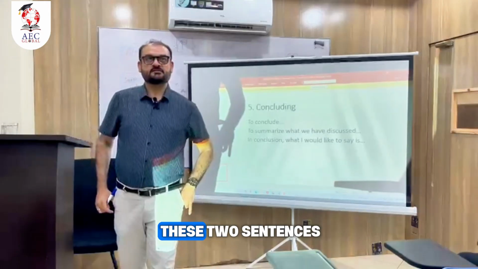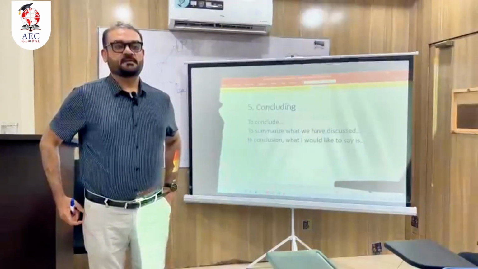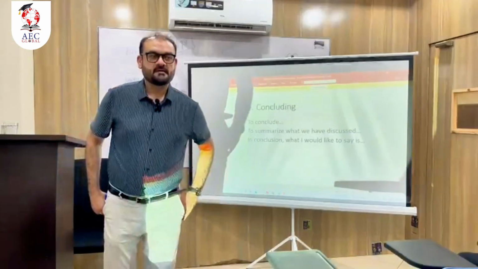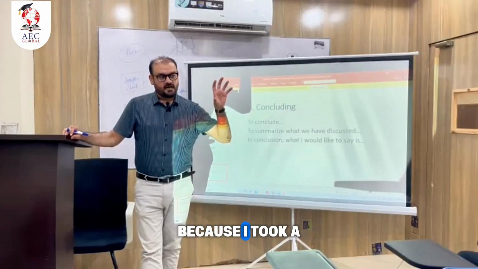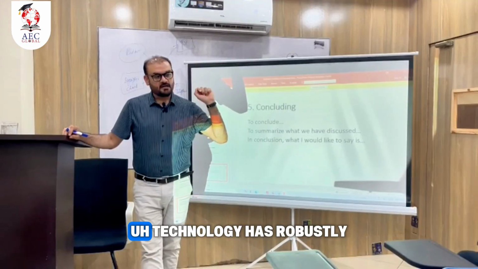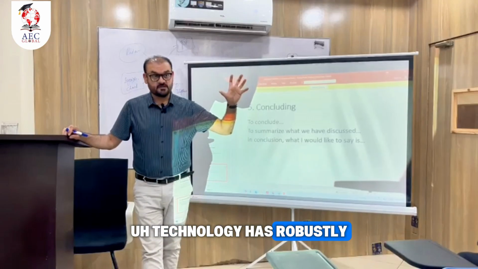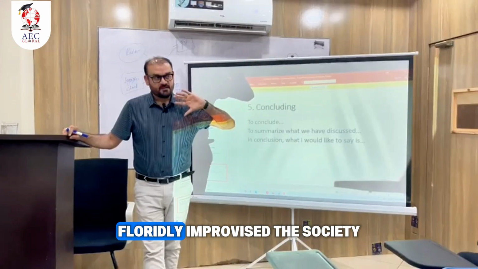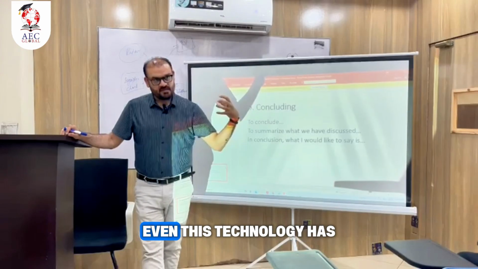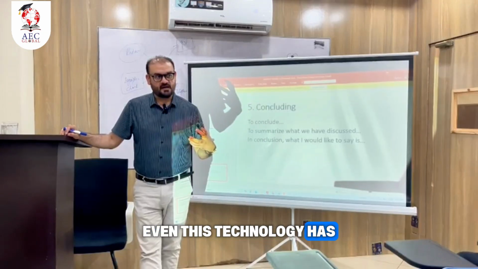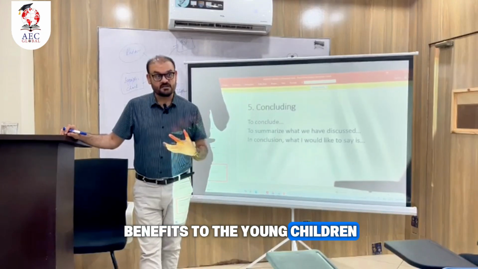How do you relate these two sentences? Impressive. Because I took the first stance, technology has robustly improved the society. Even young children have gained a lot of benefits from this technology.